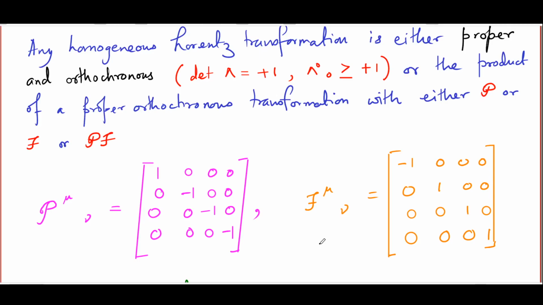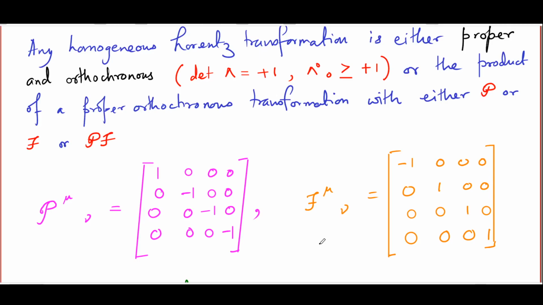Then 0, minus 1, 0, 0; 0, 0, minus 1, 0; 0, 0, 0, minus 1, which essentially tells you that under a space inversion, x goes to minus x, y goes to minus y, and z goes to minus z. This is a Lorentz transformation simply because, like all Lorentz transformations, it keeps the interval delta t squared minus delta x squared minus delta y squared minus delta z squared invariant.